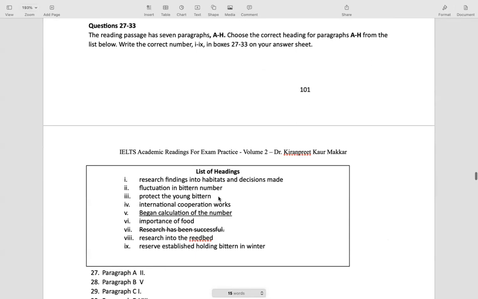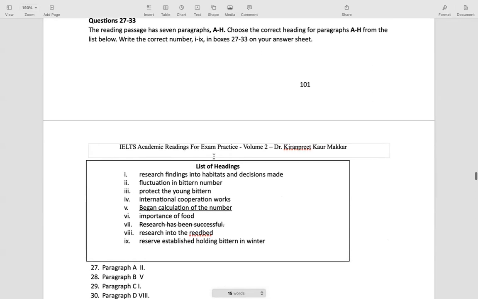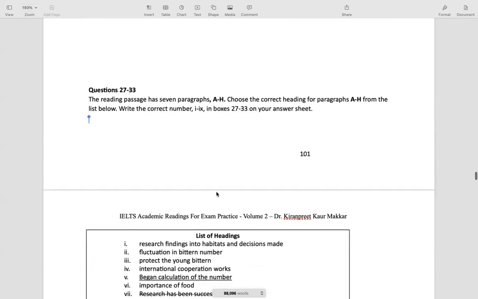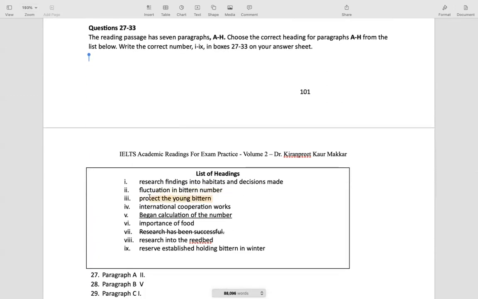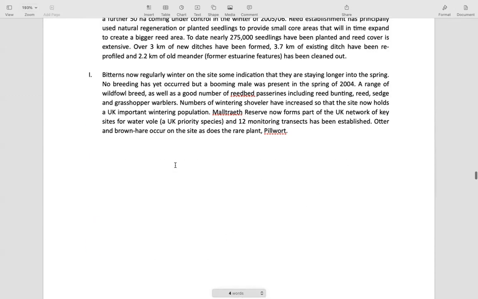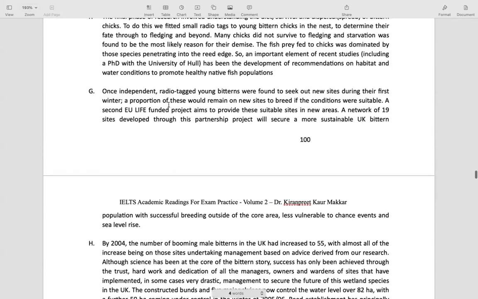Protect the young bitten. Can it be the answer? No, sir. Why not? Because they haven't talked about anything like protection. Yes, but aren't they talking about young bitterns, new bitterns?